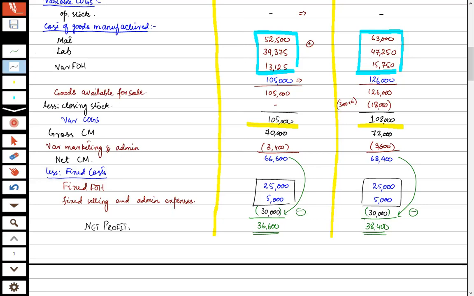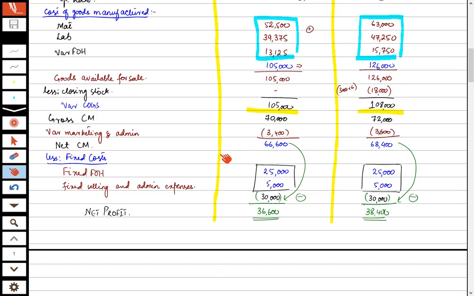Now similarly, we will make the statement for the 2 months for the absorption costing. Okay, let's start absorption costing.